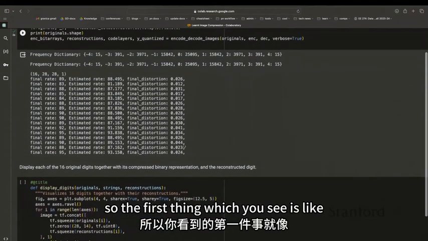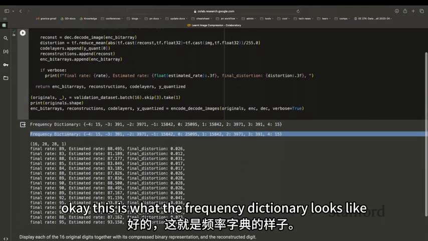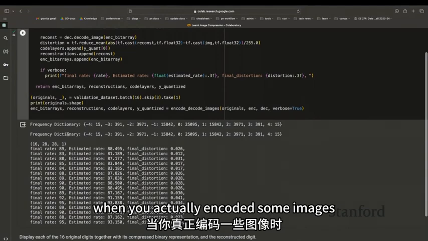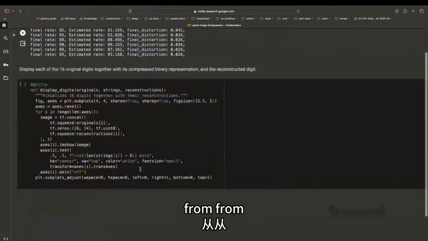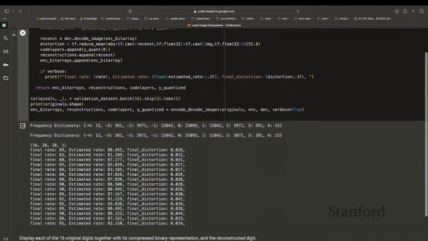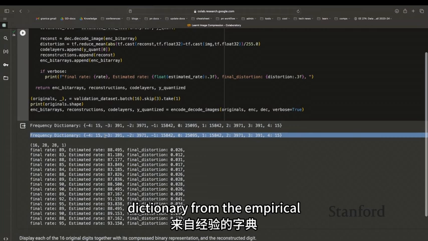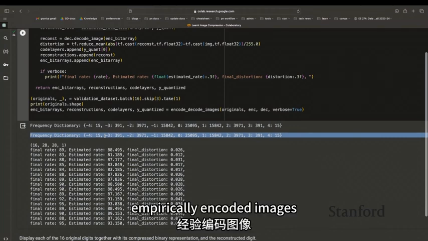So the first thing which you see is, okay, this is what the frequency dictionary looks like when you actually encoded some images. Yeah, so this is your actual frequency dictionary from the empirically encoded images.